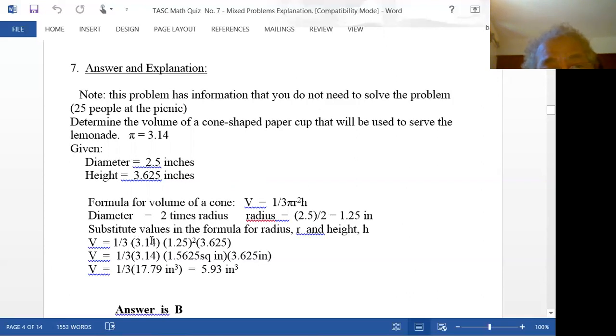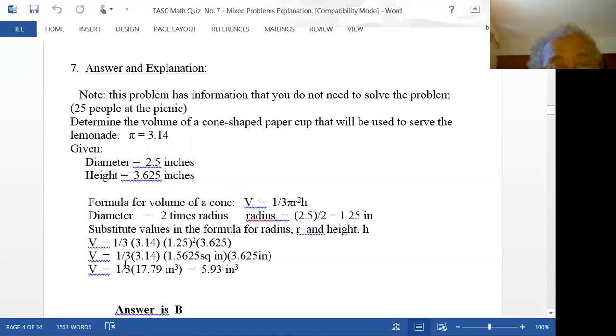1/3 times pi, 3.14, and the radius, 1.25 squared, times the height, 3.625. 1.25 squared is 1.5625.